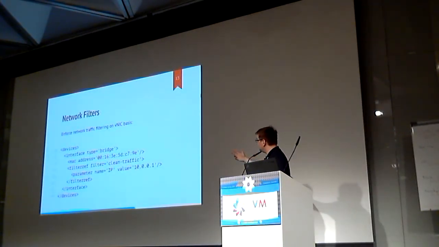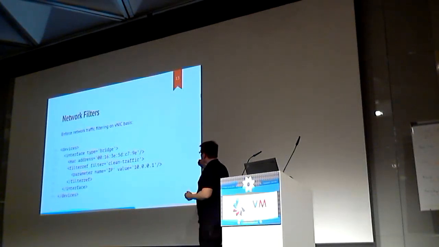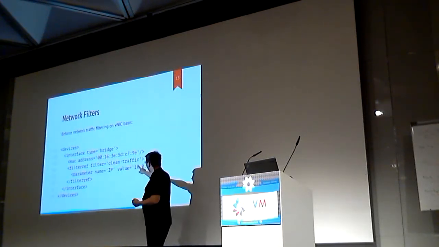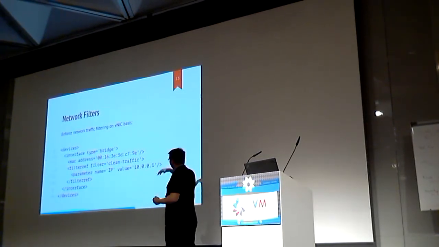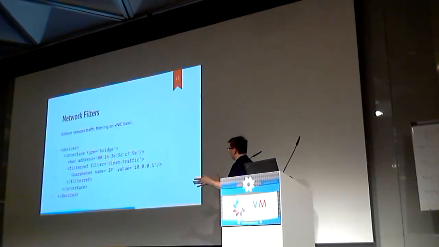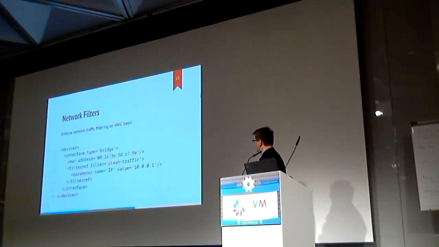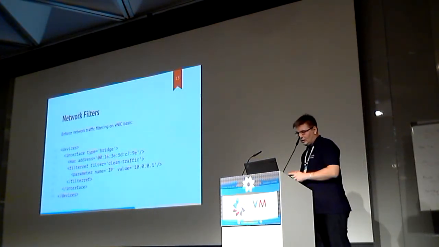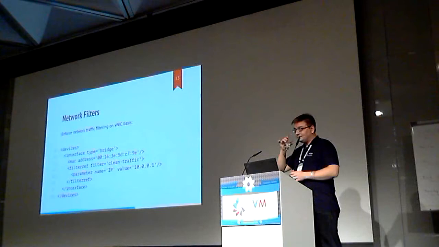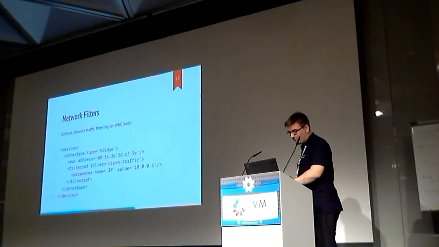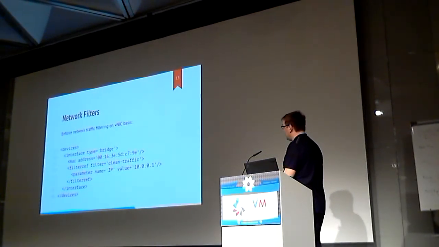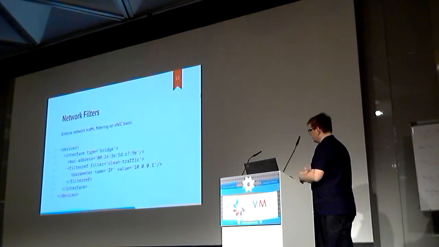In this example, we are using a filter called clean traffic, and we are passing a variable with this value into the filter. And once the filter is evaluated, the variable will be replaced with its value. And this is basically done on a per-VNIC basis. So it's important as well.